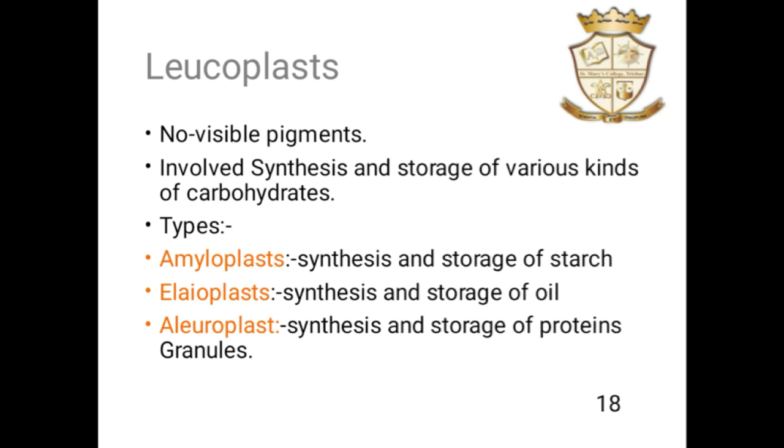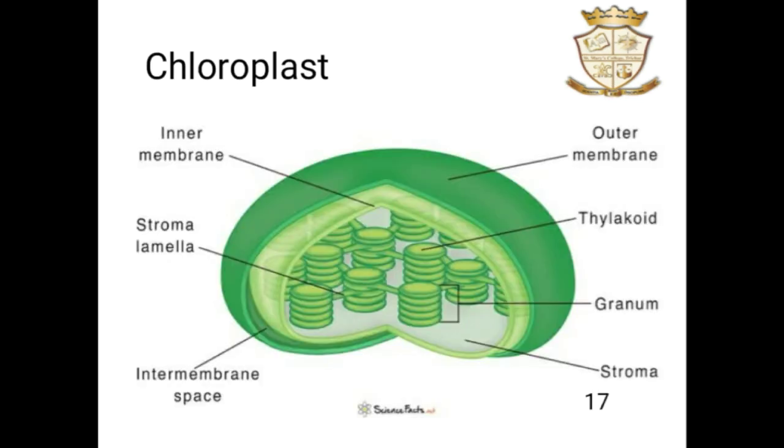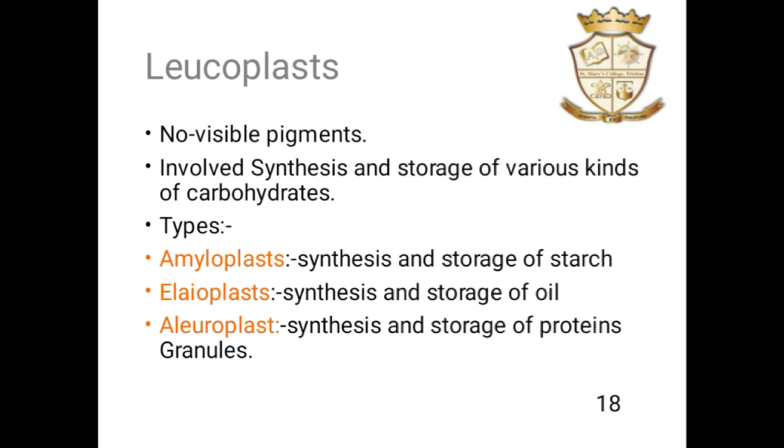The second one is leucoplast. Leucoplasts have no visible pigment, and the most important plastid is the chloroplast. Leucoplasts are involved in the synthesis and storage of various kinds of carbohydrate. The leucoplast is further classified into three: amyloplast, elaioplast, and aleuroplast. Amyloplast is the synthesis and storage of starch.